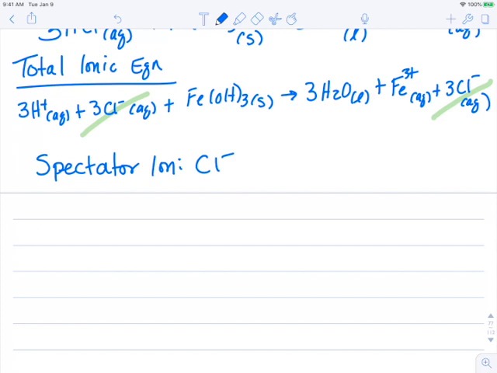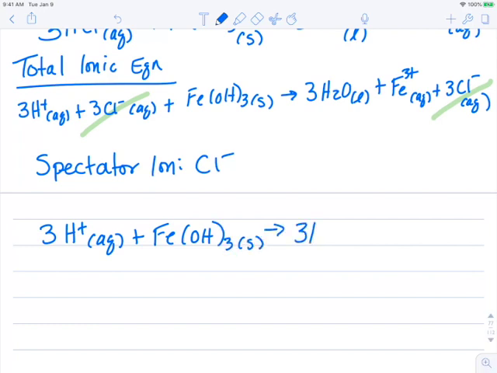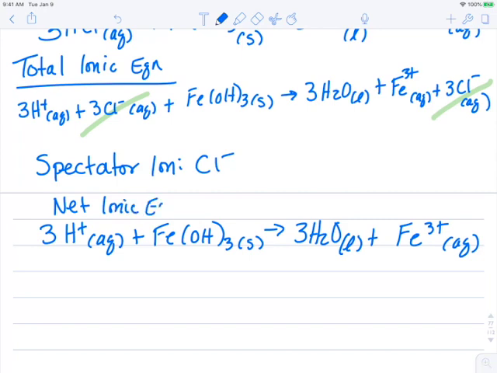Next up, I'm going to take 3H plus, the FeOH3, 3H2O plus Fe3 plus aqueous. All right, and this is the net ionic equation like so.